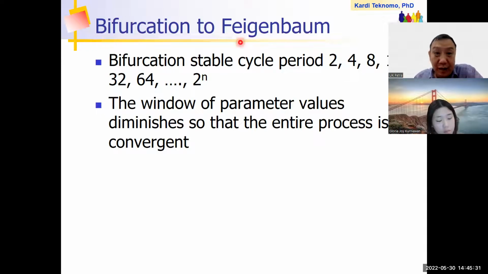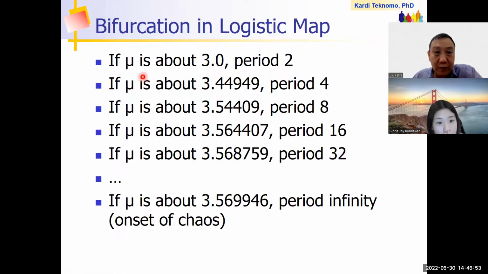Then Feigenbaum found a certain different pattern, the cycle pattern of this. It increased by 2 exponent to the n, and then the window of this parameter will eventually converge. For example, if mu is about 3, the period is 2. At mu about 3.44 something, the period is 4.